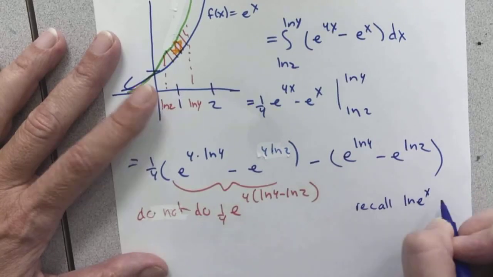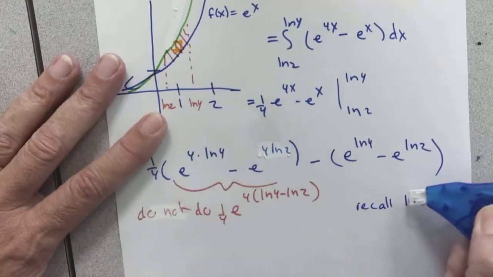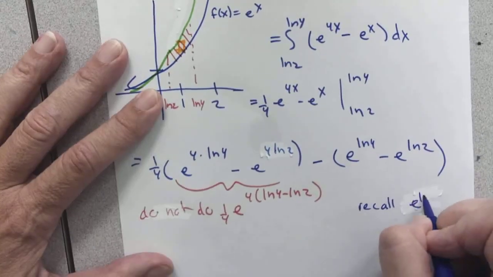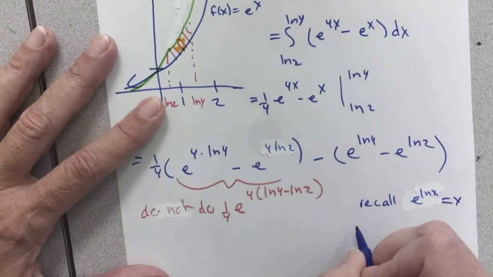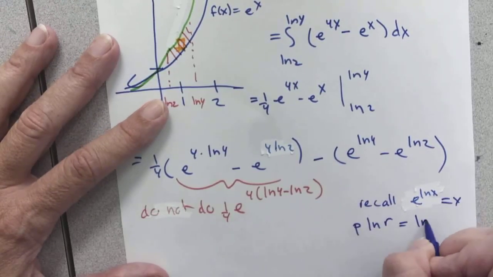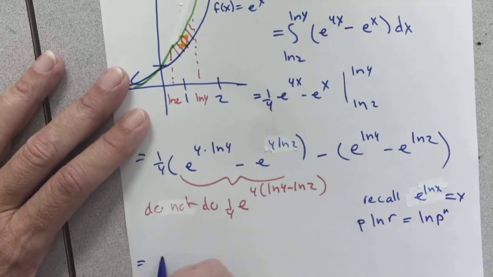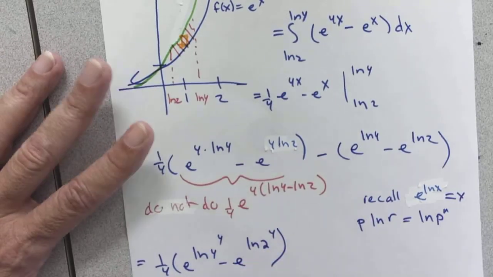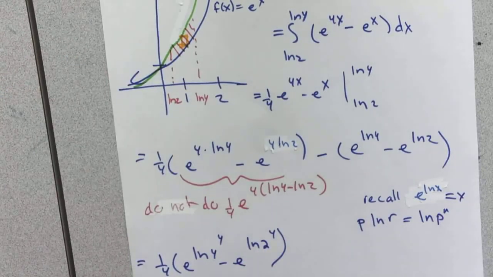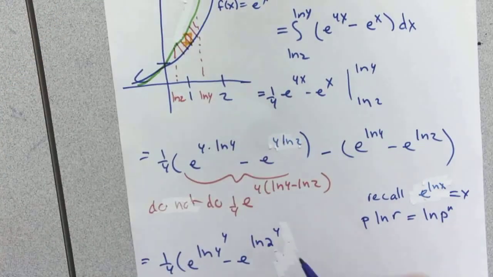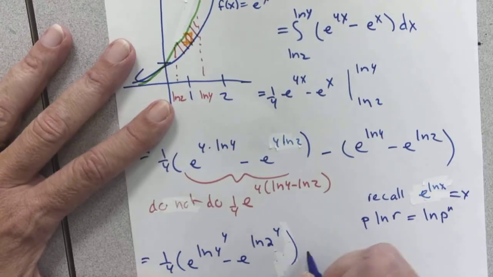Recall, let's put it the other way around: e to the natural log of x is x, and p times the natural log of r is natural log of r to the p. So simplifying this, on that first guy, those two coefficients of 4 can come up and become exponents on the arguments of the logarithm.